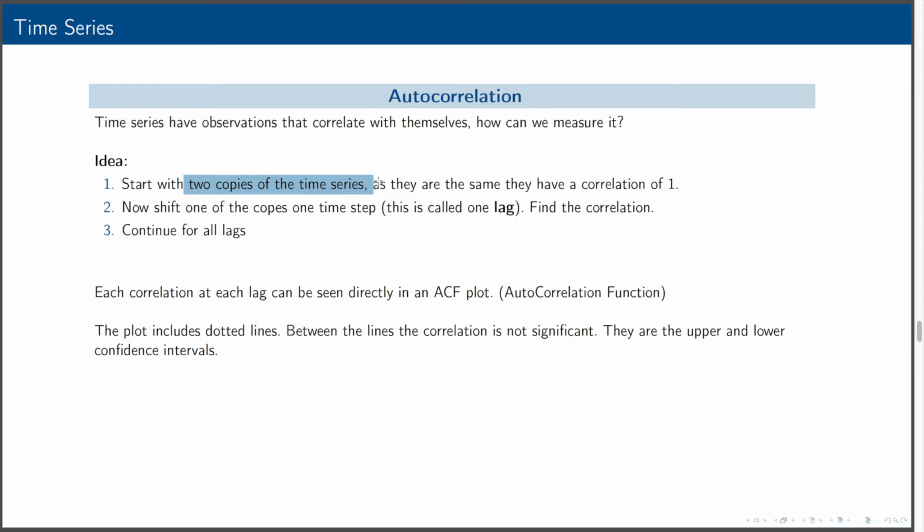But then you shift one of the copies one time step. This is called one lag, and we find the correlation. So every point from the original will be correlated with the point at that time plus 1. And then I will find a correlation.